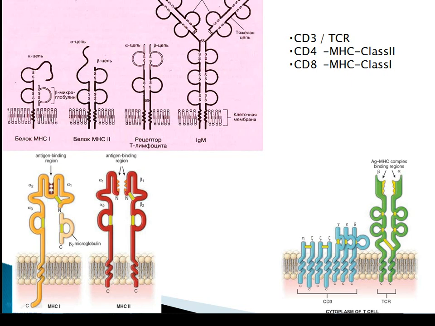For example, here we can see MHC1 and MHC2 molecules. MHC means major histocompatibility complexes, which are present on the surface of the cells. MHC1 is present on the surface of all nucleated cells of the human body, but MHC2 is present just on the surface of immune cells, antigen presenting cells.